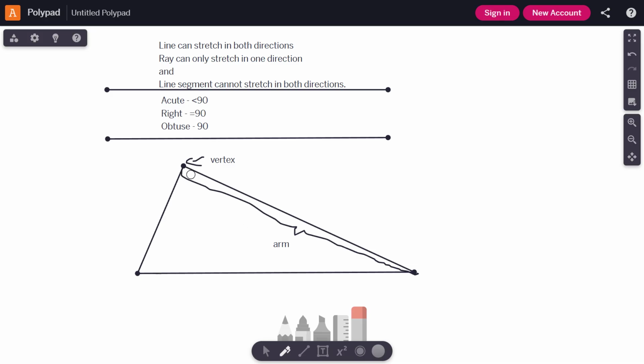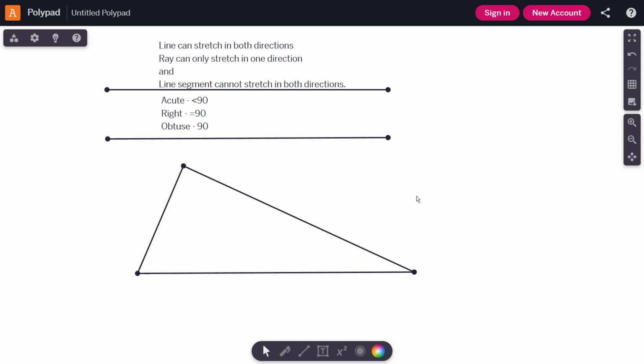Look at this. Imagine someone standing here, and they have two long arms. That's why they're called arms, I think. Alright. Now let me erase this.